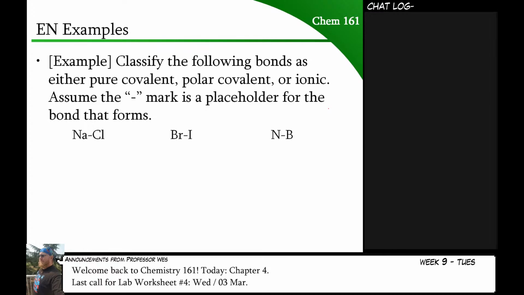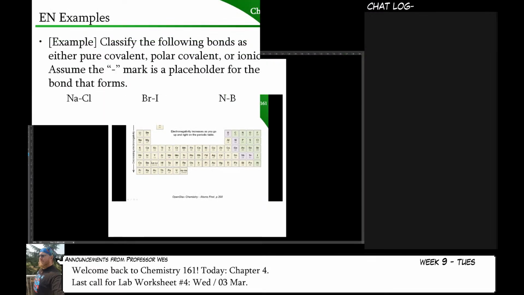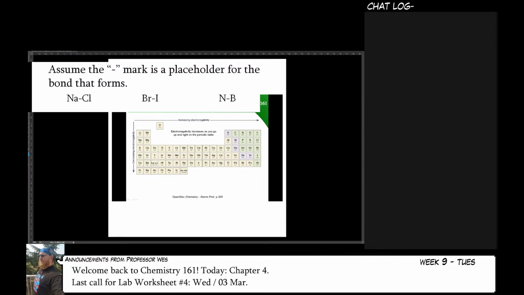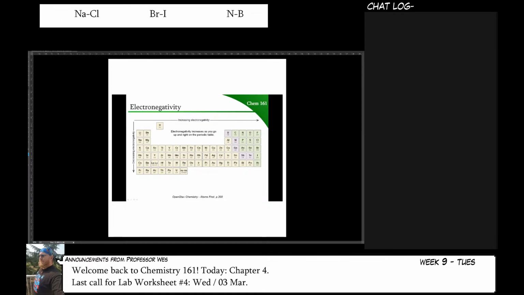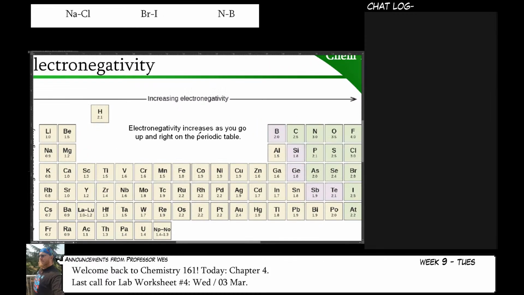So let's start by just categorizing these bonds based on our descriptions of pure covalent, polar covalent, and ionic. So let's go over here. And let me zoom this in so that we have it available. There we go.